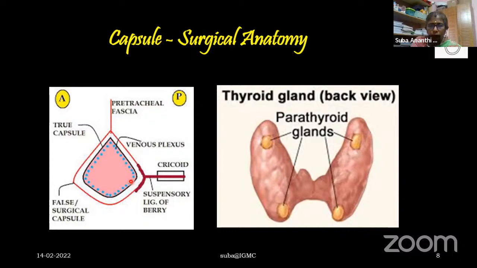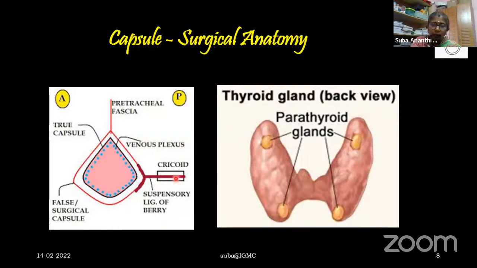When they remove the thyroid gland in thyroidectomy, this true capsule is removed along with the gland. External to it lies the false capsule. Between these two, you have a small space which is occupied by the parathyroid glands. We have a pair of superior parathyroid glands and a pair of inferior parathyroid glands.